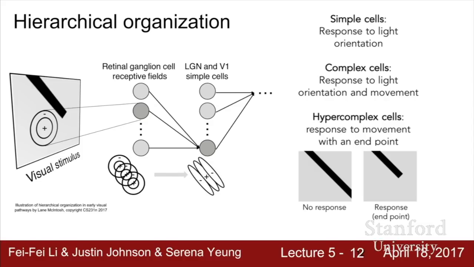And then going further, they discovered that these were connected to more complex cells, which were responsive to both light orientation as well as movement, and so on. And you get increasing complexity. For example, hypercomplex cells are now responsive to movement with an endpoint, right? And so now you're starting to get the idea of corners and then blobs and so on.